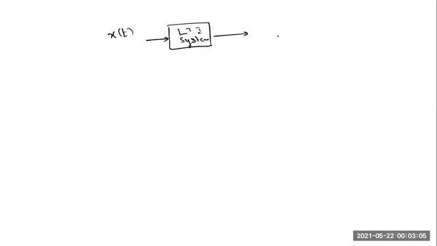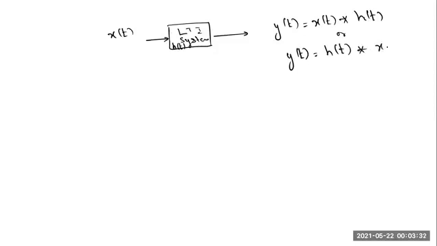If x of t is the input, how will I find the output? The output of an LTI system, if h of t is the system impulse response, is equal to x of t convolved with h of t. And we also know that the convolution operator is commutative, so the output is also equal to the unit impulse response of the LTI system convolved with the input.